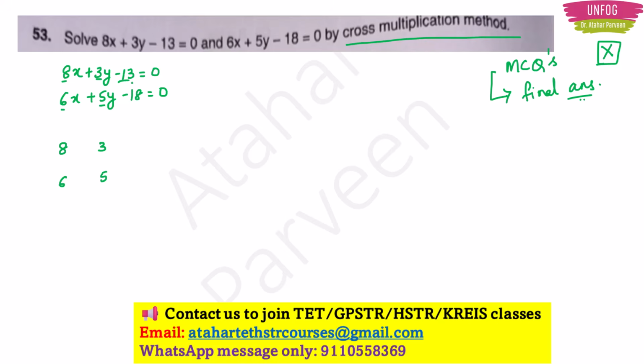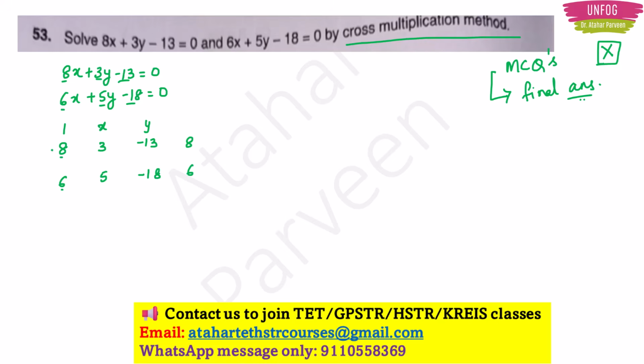Okay. Then write the constants here, one below the other. Okay. You have to follow the order. Again, in the fourth column, write 8 and 6. Right, the first thing what you have written now, that you have to write here. Okay, now write x, y here, write 1 here.